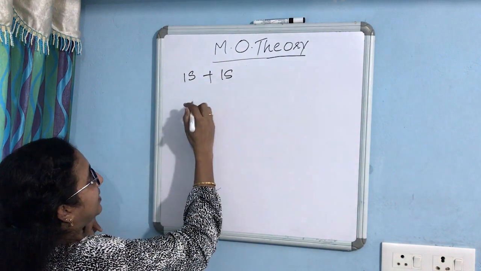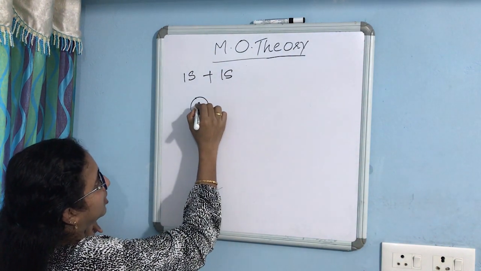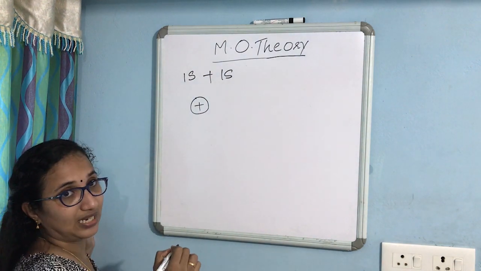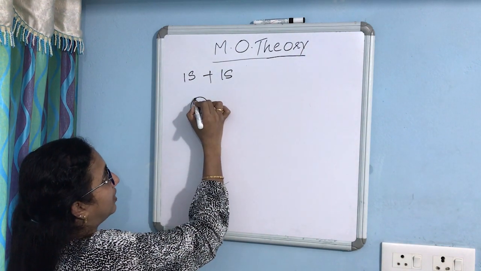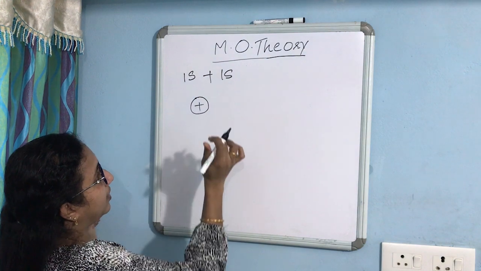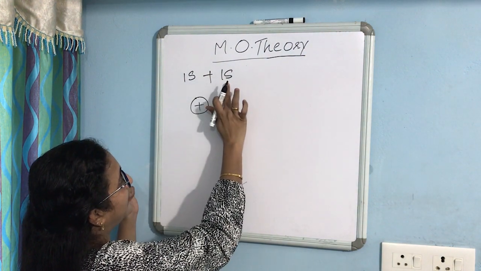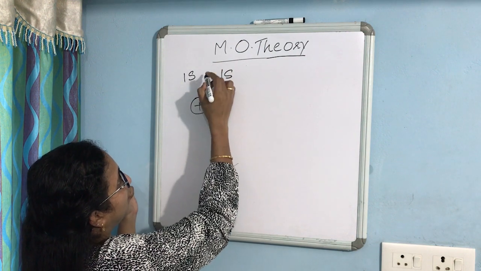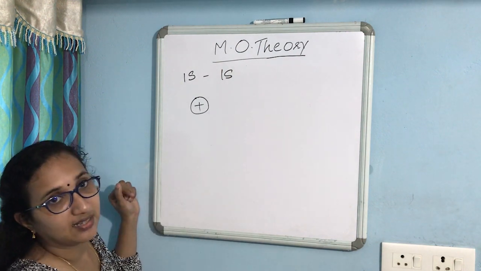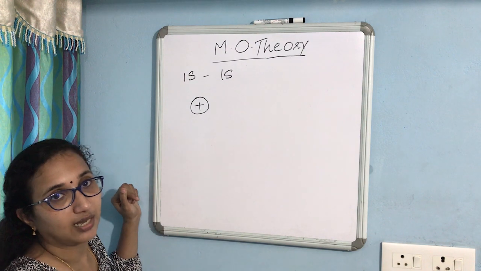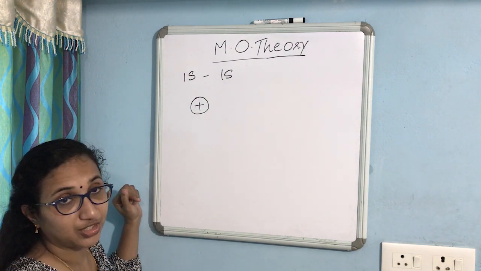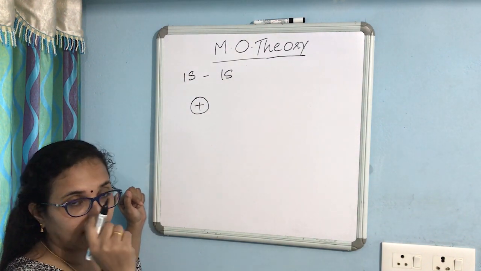We know the shape of the 1s atomic orbital is spherical. It has only one side. The electron density is uniform in all directions. So this 1s orbital can combine with another 1s orbital in two ways, either by addition to give a bonding molecular orbital or by subtraction to give an anti-bonding molecular orbital.